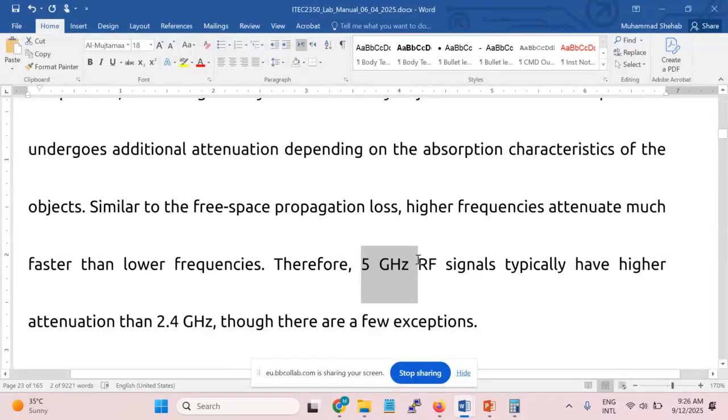As the frequency increases, lambda decreases. So 5 gigahertz has a smaller wavelength compared to 2.4.